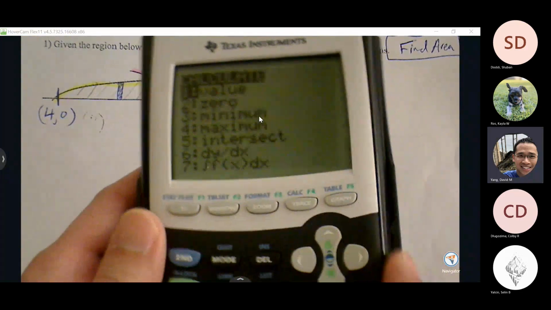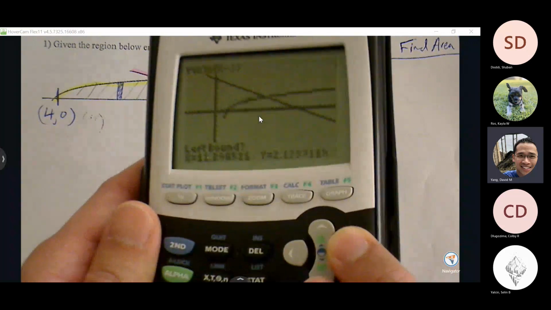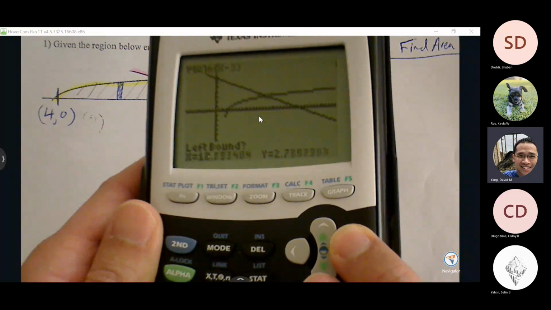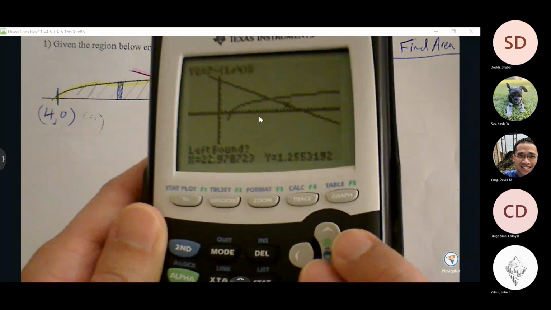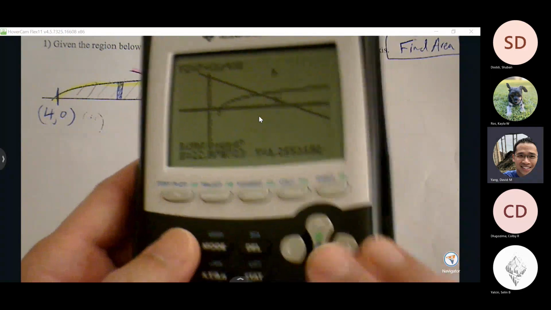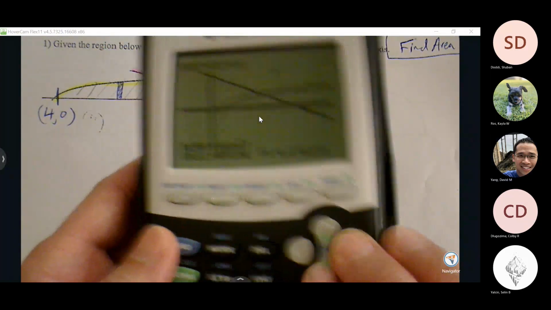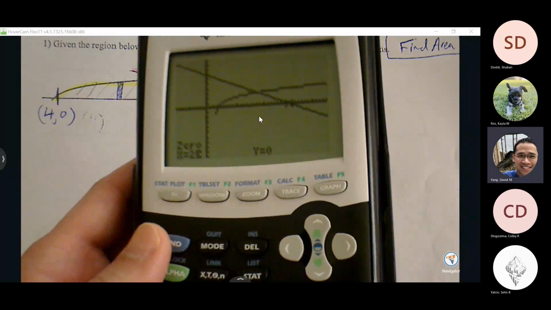Second trace zero again. This time I'm going to scroll over to the other boundary here. Enter. Go to the other side of the x-intercept, hit enter again. It's going to find that zero for us, 28.